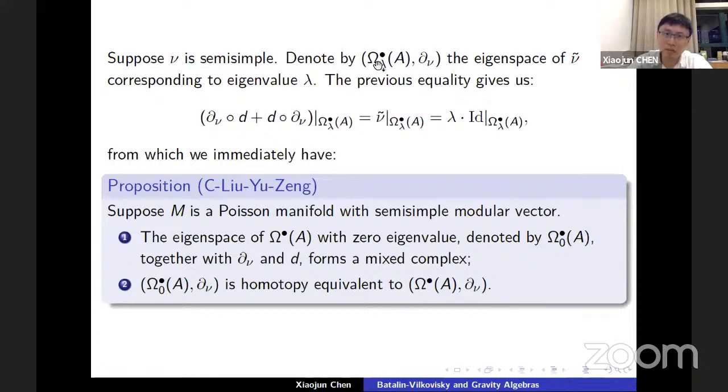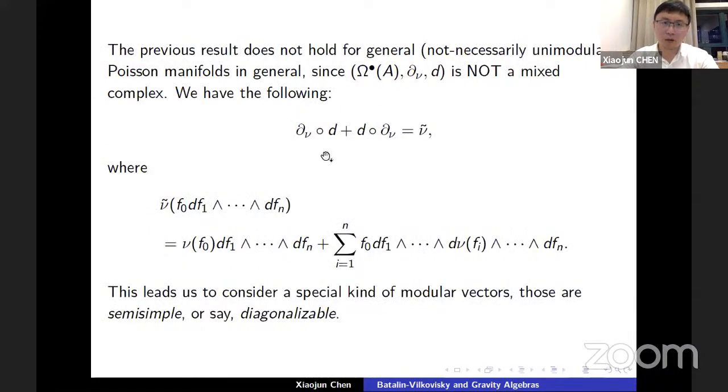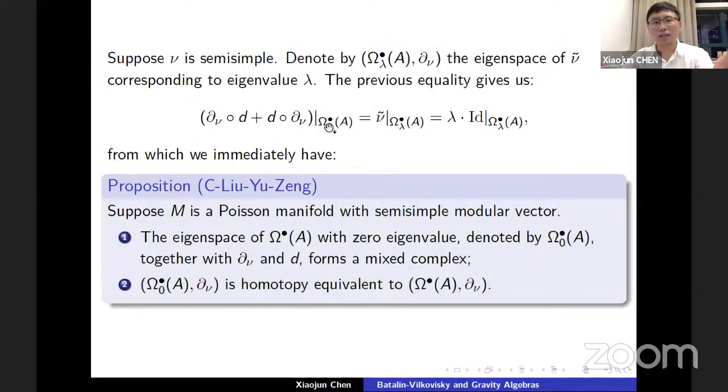Then denote by Omega^•_λ(A, d_ν) the eigenspace of nu tilde corresponding to eigenvalue lambda. Then this previous equality gives us the following: if you restrict to this eigenspace, you will get lambda times the identity, right? So this is easy. And then from this identity, we get the following two statements.